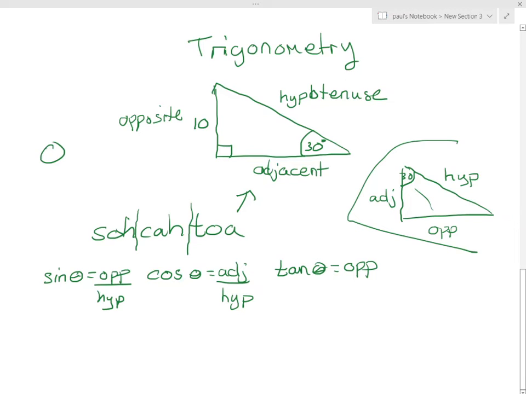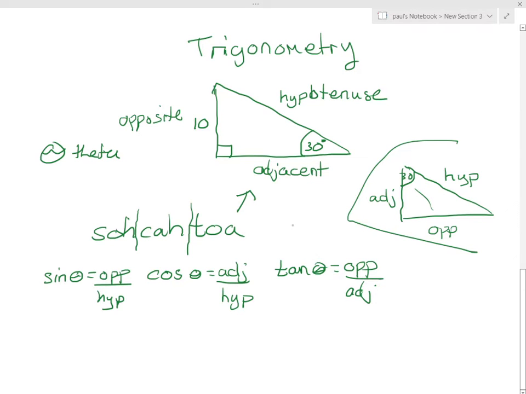That little thing there is called theta. It's just a Greek letter to denote the angle. So we've got the opposite hypotenuse, adjacent hypotenuse, opposite adjacent.